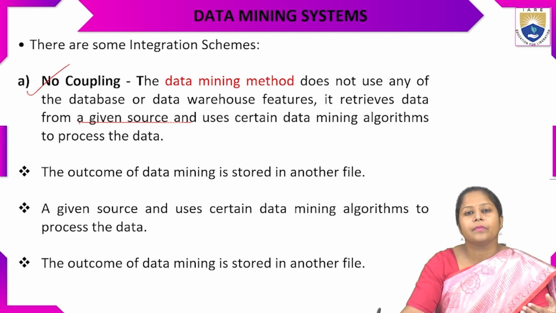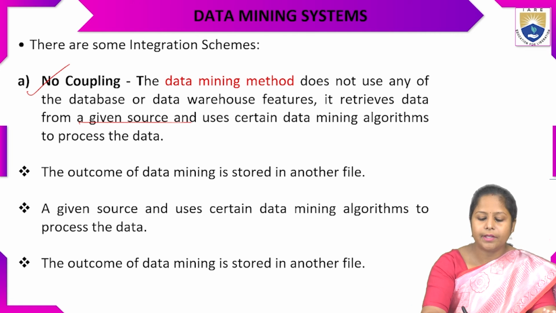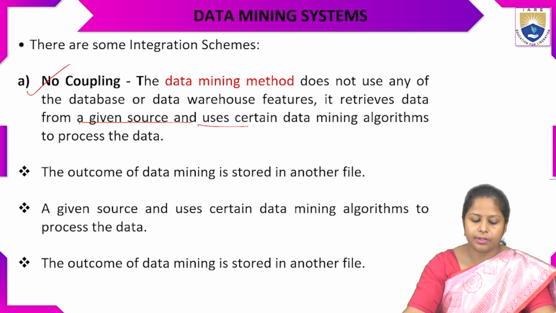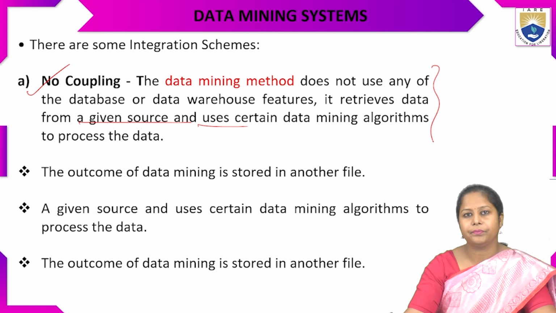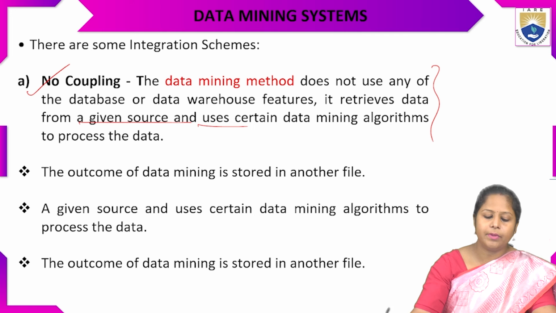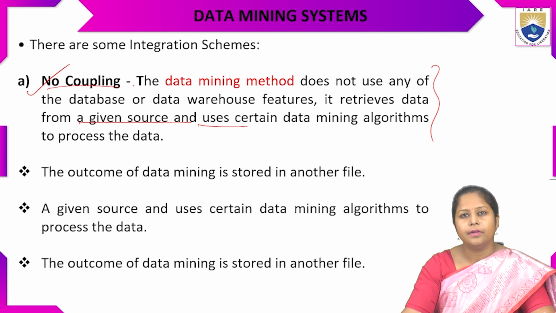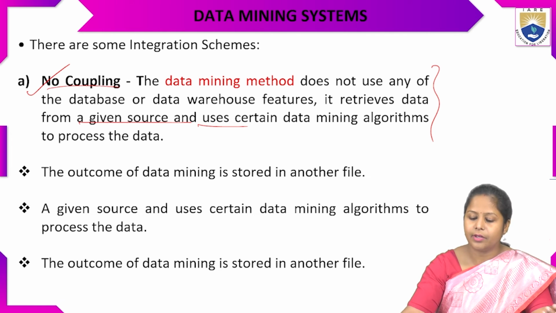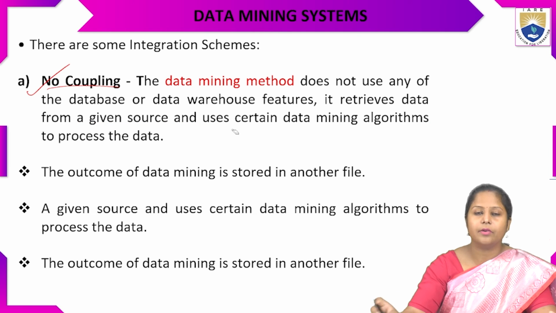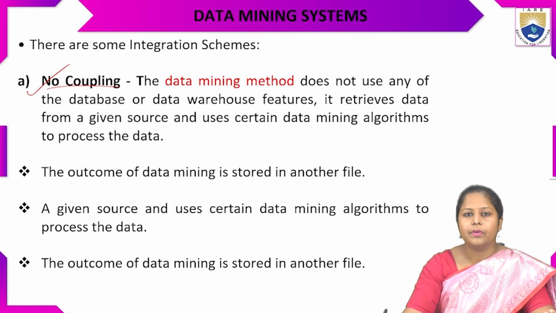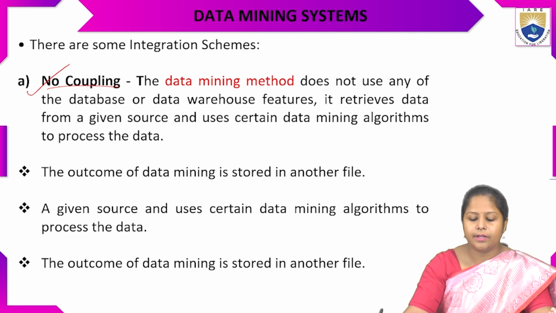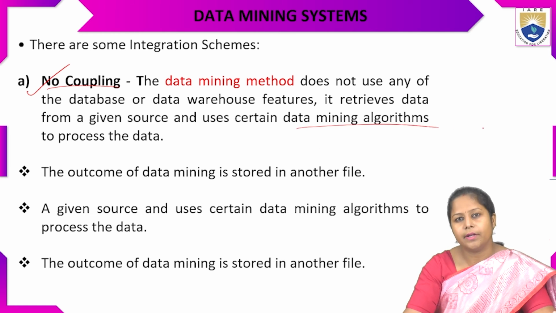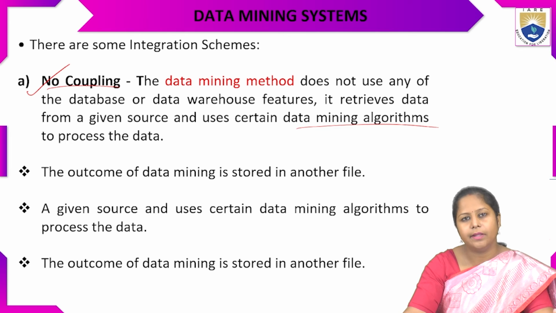What are the different sources? From there it will fetch the data, and then it uses a certain data mining algorithm to process this type of data. So what do we mean by no coupling? The data mining method does not require data warehouse data; it directly fetches the data from the source itself, and after that applies the data mining algorithm to mine that data from the different sources.